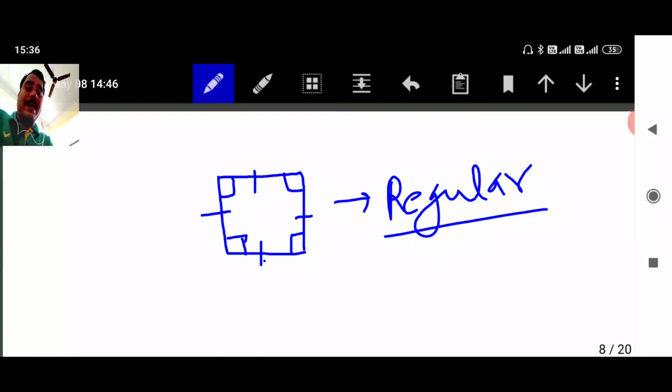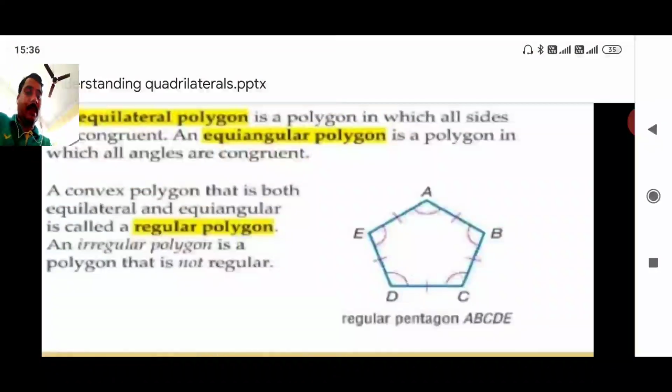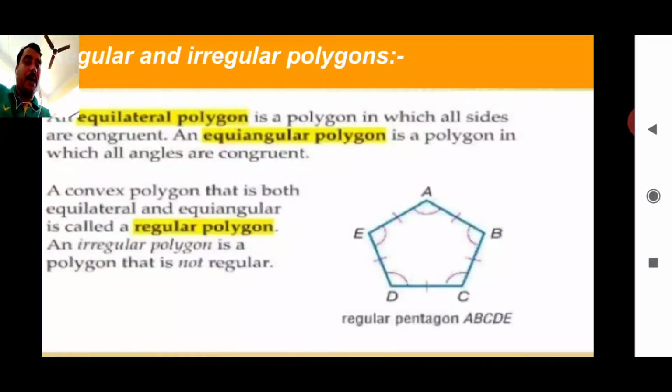If all sides and all angles are equal, then it is known as regular, otherwise it is known as irregular. Here you can see a regular pentagon ABCDE. Generally, if we discuss square, pentagon, hexagon, heptagon, then we are always discussing regular polygons.